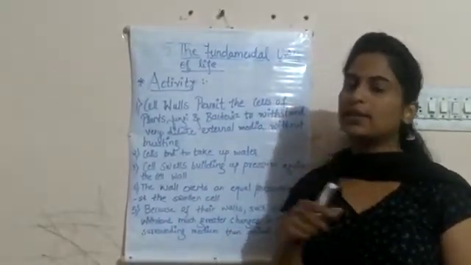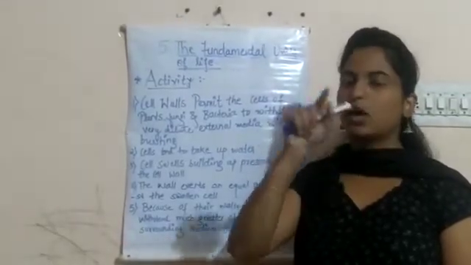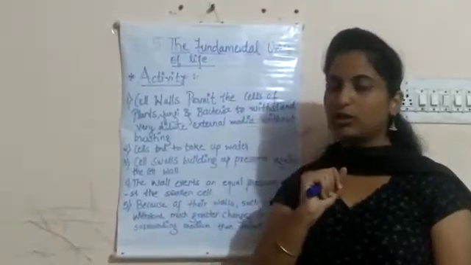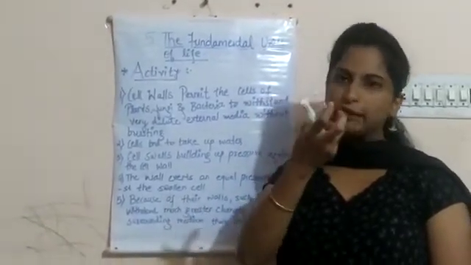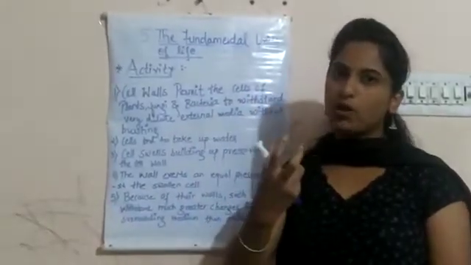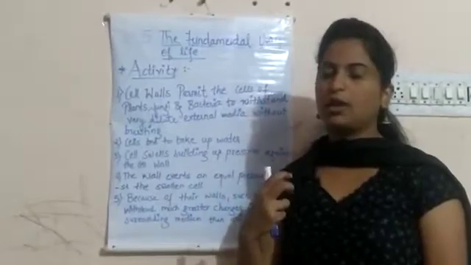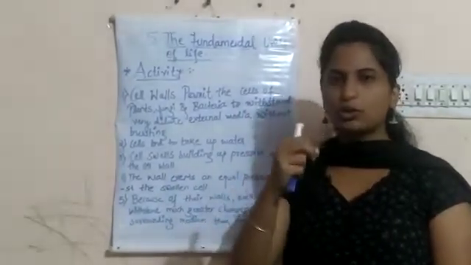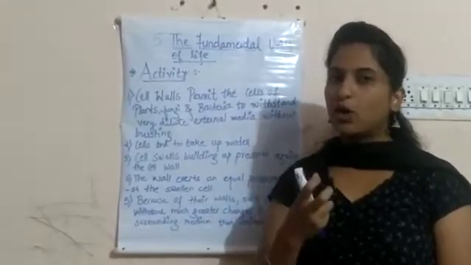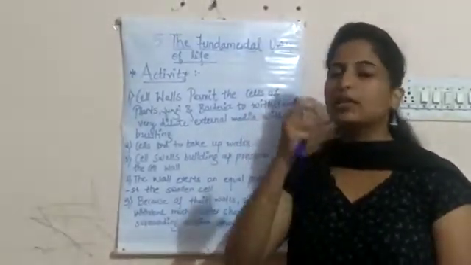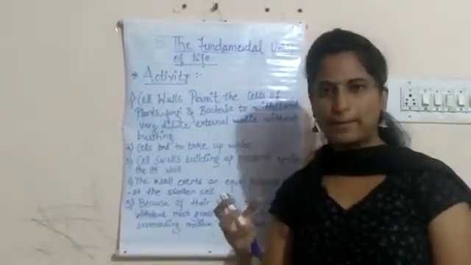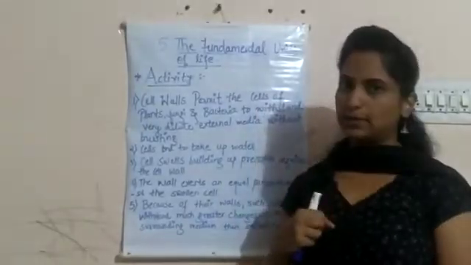The external environment outside the leaf now contains the sugar solution, and the leaf passes some water out into the solution. When we put it in pure water, the cell is swollen, but with the sugar solution the cell shrinks. So osmosis has taken place. That is nothing but plasmolysis.